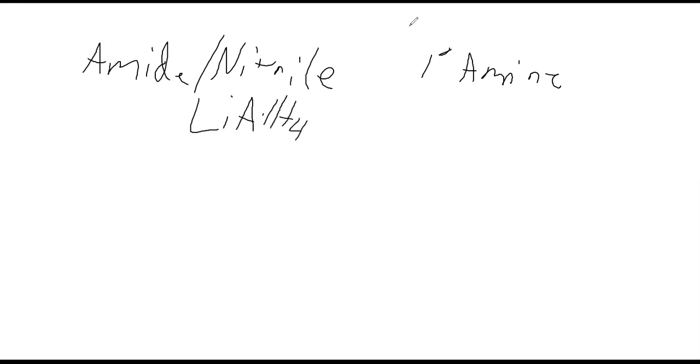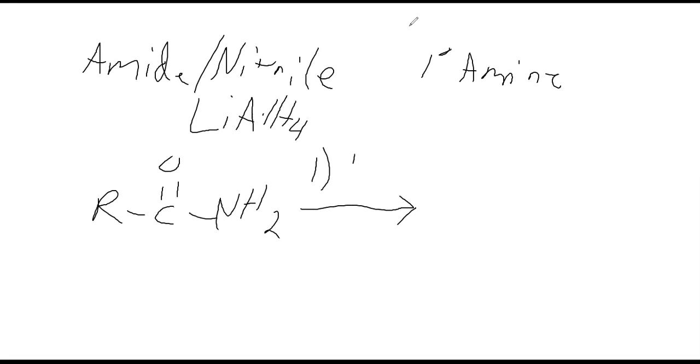So essentially we're going to go C double bond O, NH2. Step 1, lithium aluminum hydride. Step 2, water. Remember, we always add this in two different steps, otherwise the water will deactivate the lithium aluminum hydride.